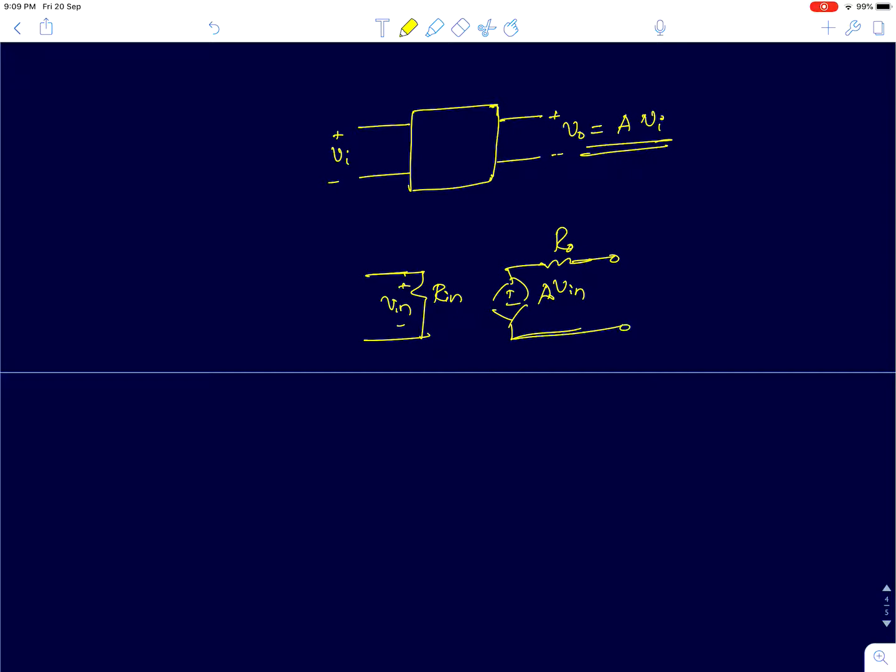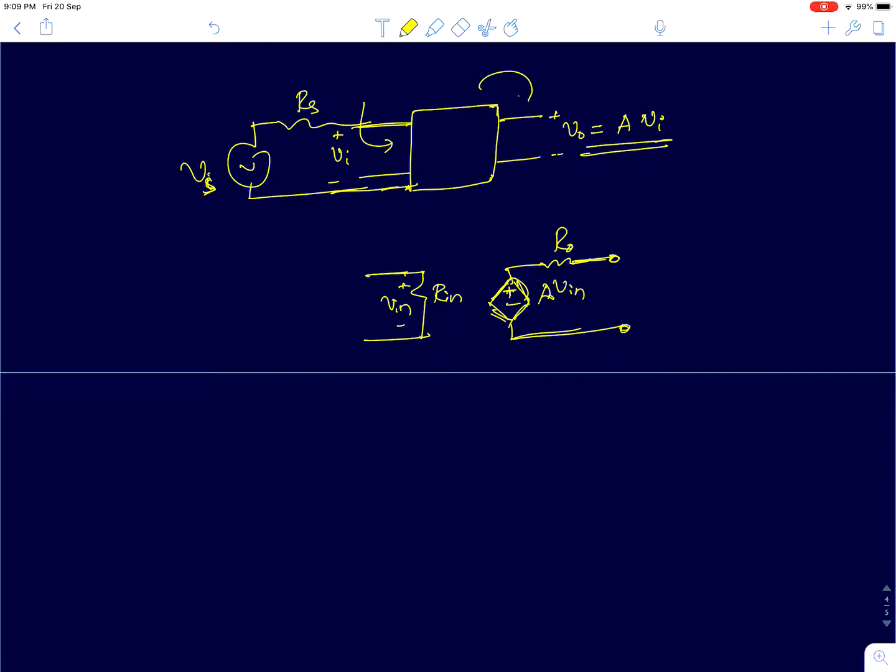Now, there are very simple reasons why such things exist: input and output resistances. That can be very easily seen. For example, if I connect a voltage source as an input with a finite source resistance, let's assume that the input Vs has to appear entirely across the input terminals of the amplifier.